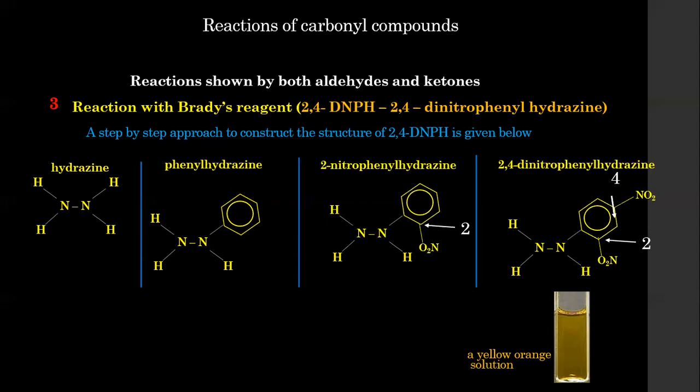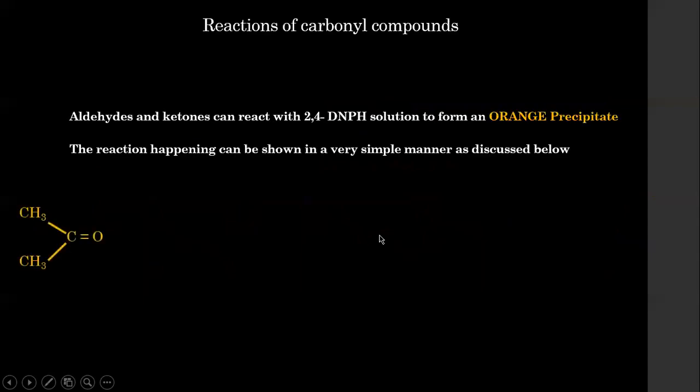It can help us to identify aldehydes and ketones from other organic compounds. Aldehydes and ketones can react with 2,4-DNPH solution. What's the color of 2,4-DNPH solution? Yellowish orange. Aldehydes and ketones can react with 2,4-DNPH solution to form an orange precipitate.